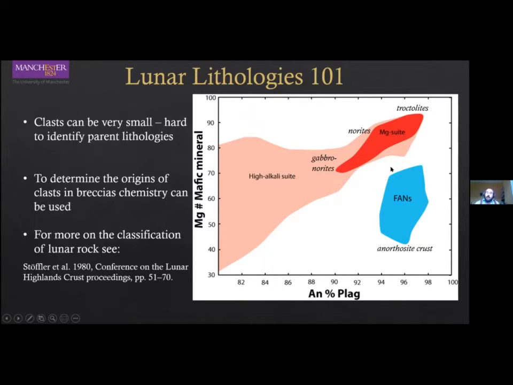You can see in this blue field is where anorthositic crust plots, so very calcium-rich plagioclase and relatively ferroan mafic minerals, whereas these secondary magnesium-rich plutons tend to have a bit more of a spread in terms of the anorthite content in their plagioclases, and they tend to be a bit more magnesium-rich in general.